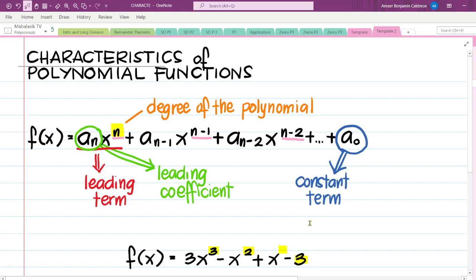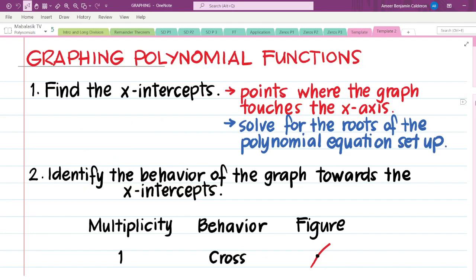The more complex task for us is to graph these polynomial functions. These are our considerations in graphing polynomial functions. First is the x-intercept, or the x-intercepts. By definition, x-intercepts are points where the graph touches the x-axis.